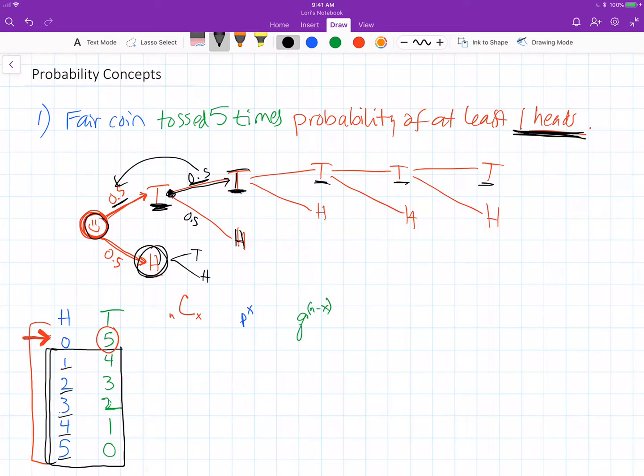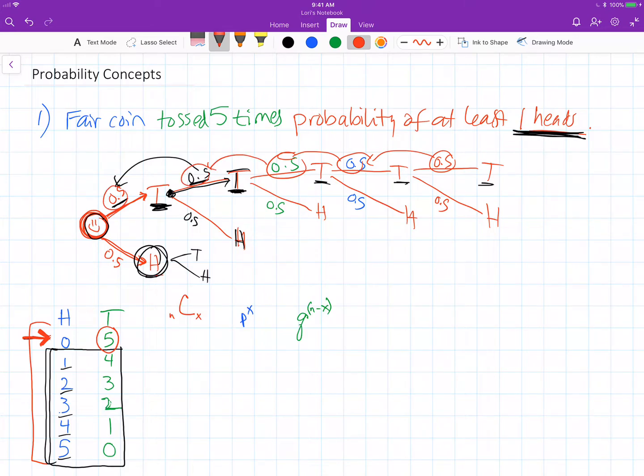If I continue this on out and I toss again, and my chances of each of these outcomes are 0.5, the next time is 0.5, and then finally I get to the end and it's 0.5 again. What I end up with is half of half of half of half of half.